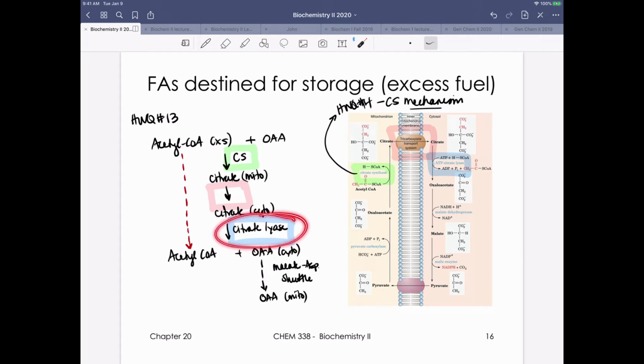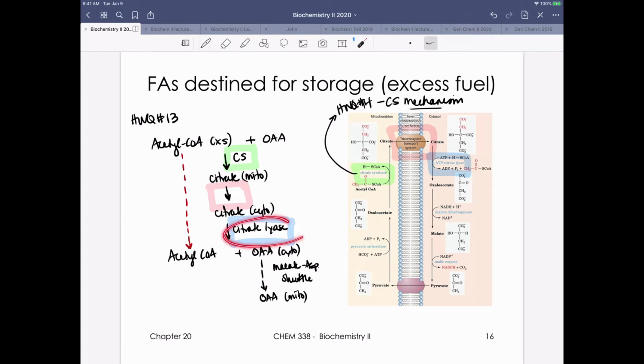We do essentially reverse citrate synthase chemistry, but we don't have citrate synthase that lives out in the cytosol. Remember, we talked about this when we talked about mitochondrial and cytosolic isoforms of malate dehydrogenase, but we don't have the same with citrate synthase. Citrate synthase only lives in the mitochondrion.